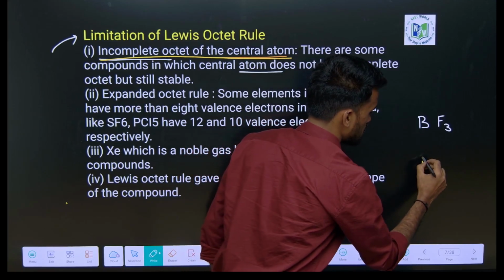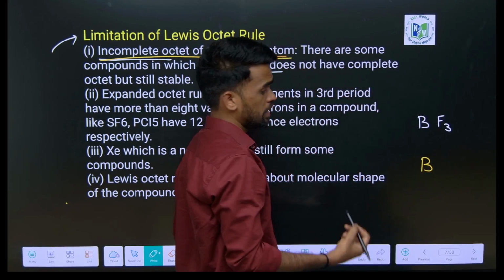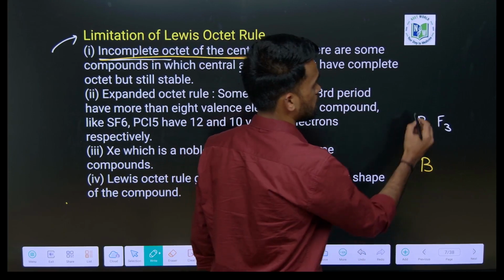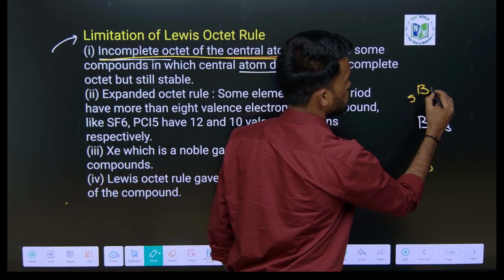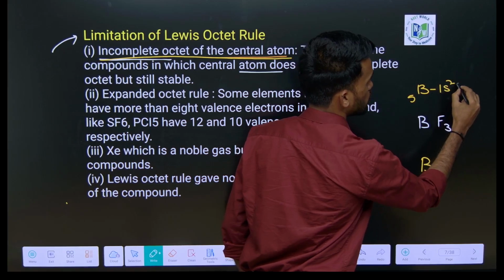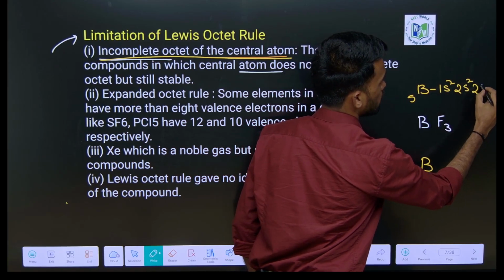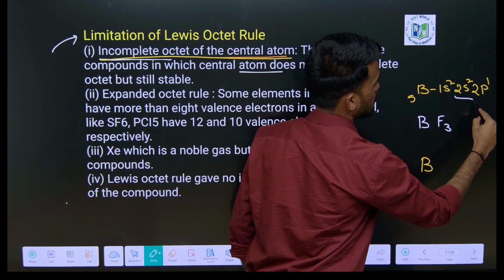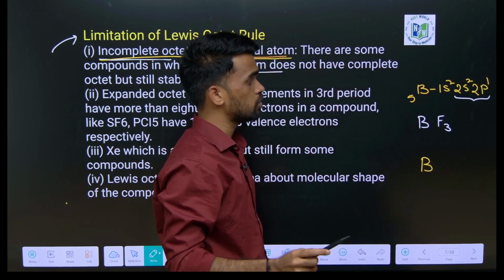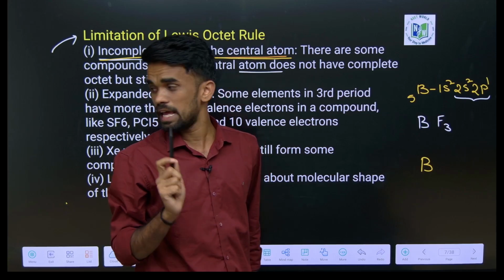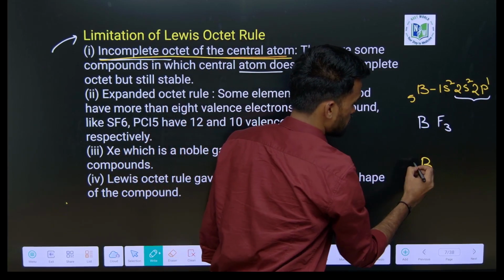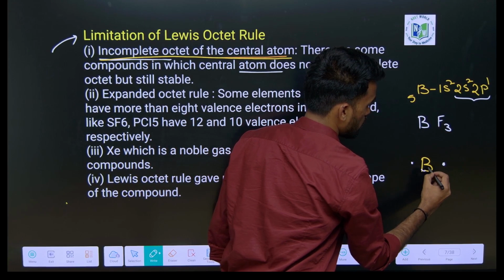What is the atomic number of boron? It is 5. So what is the electronic configuration of boron? You can write it as 1s2, 2s2, 2p1. So how many valency electrons are there? 3. I already told you, you have to consider only valency electrons. Now consider them as dots around the boron atom.